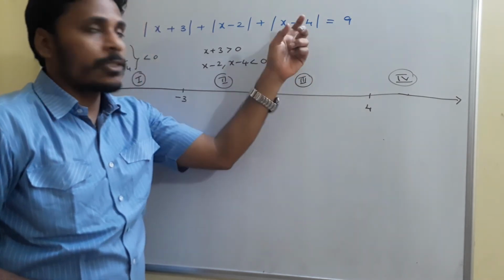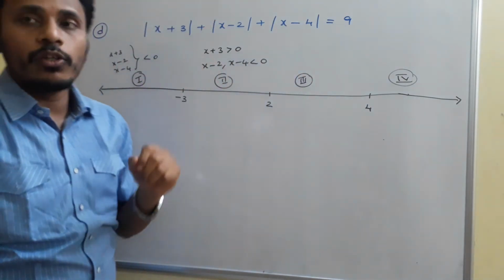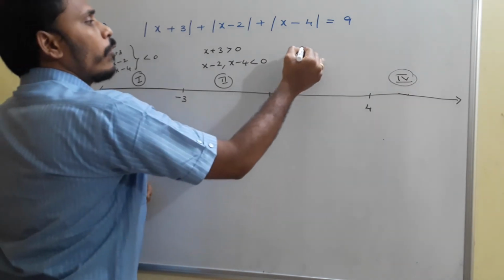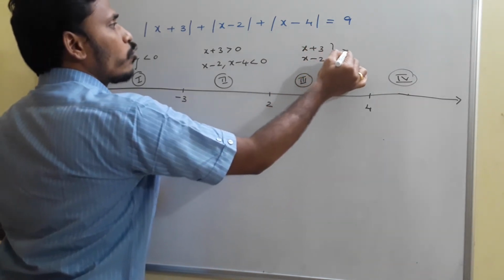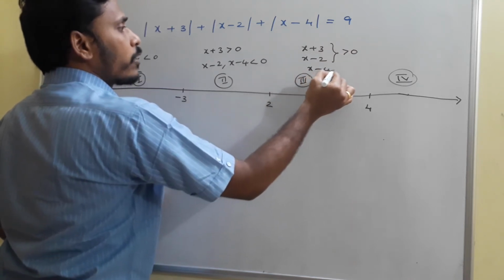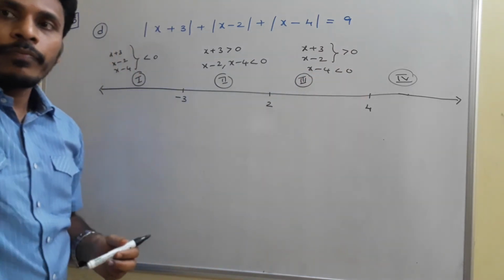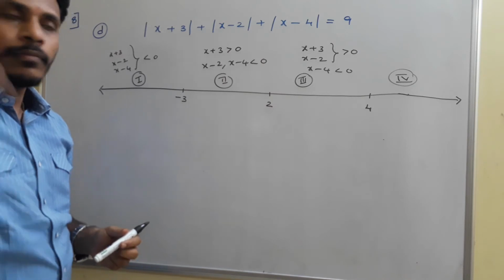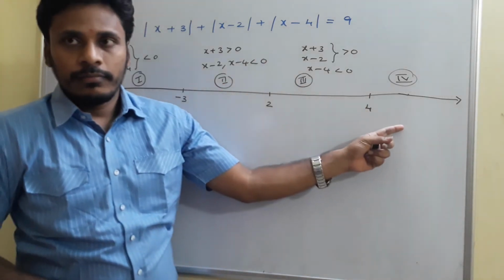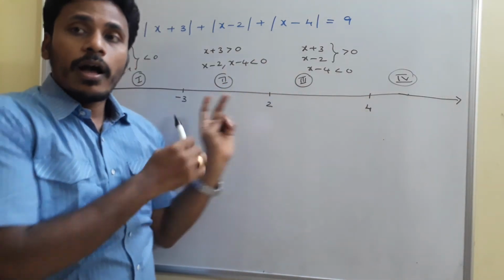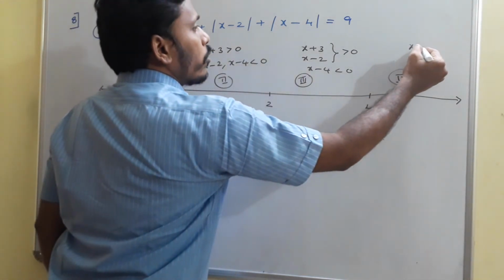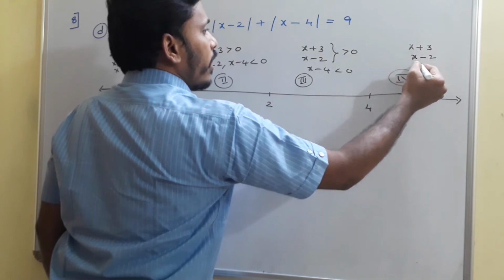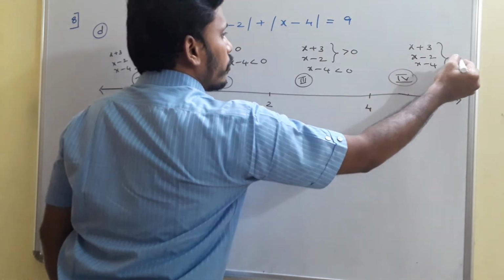So x minus 4 is negative and the other two are positive. And in the fourth region, x is completely on the right side of all, so x plus 3, x minus 2, x minus 4 are all positive.